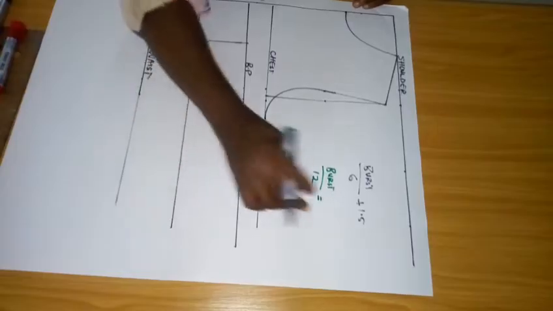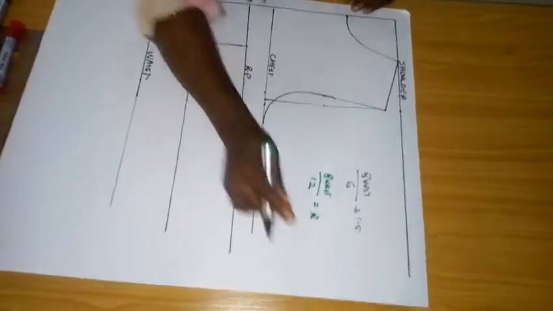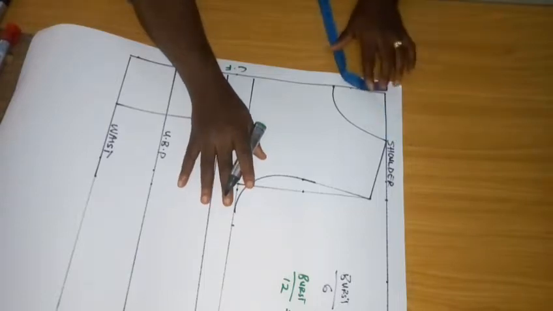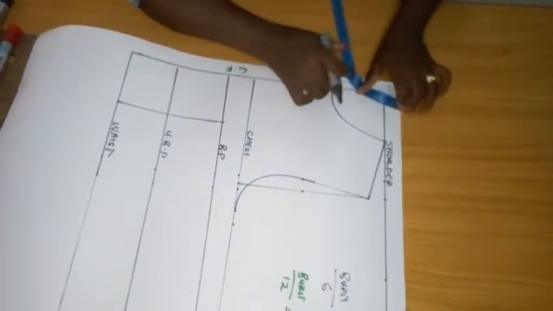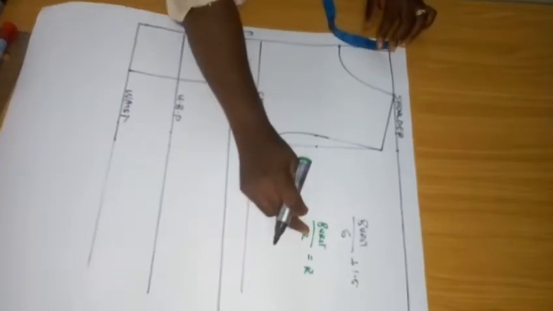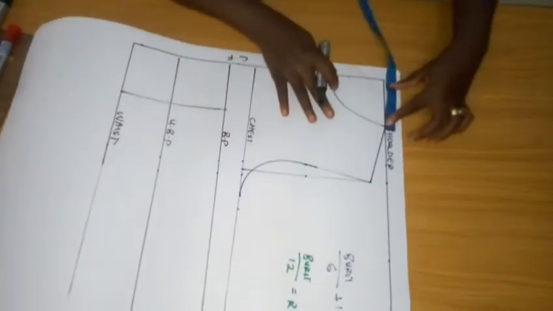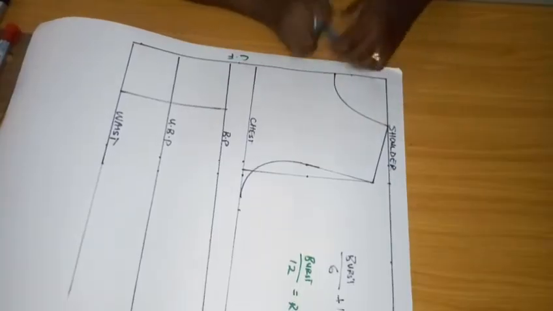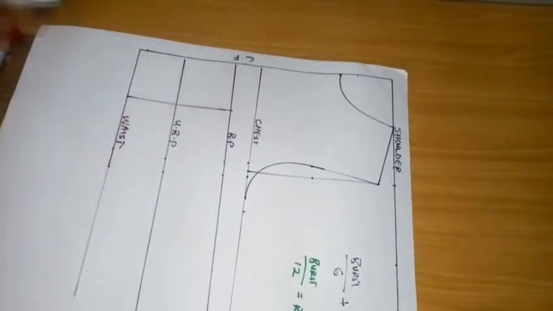The result is what you measure as your neck depth and your neck width. So bust divided by 12, you measure the result from here and also from here to form your actual neckline that will not choke you.